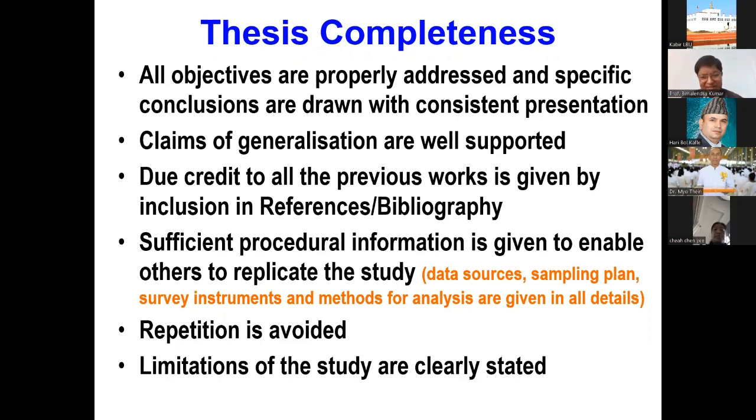We have already discussed that in the research proposal, there are objectives. So in the last, when you are going to complete your thesis, you see whether the objectives have been addressed or taken care of or not, and whether the conclusions or the findings are drawn with consistent presentation or not.